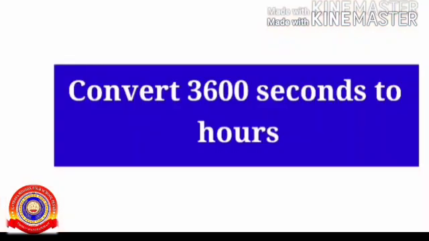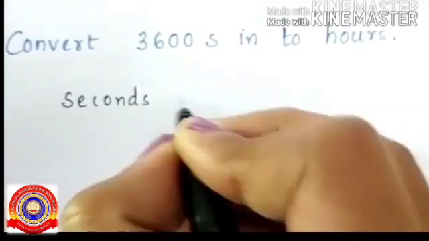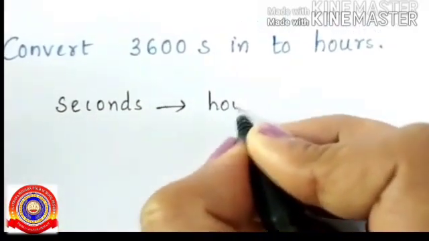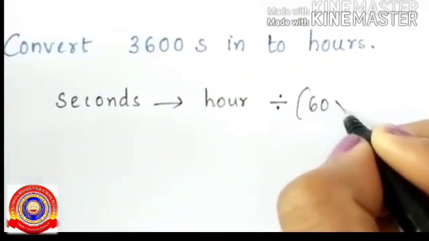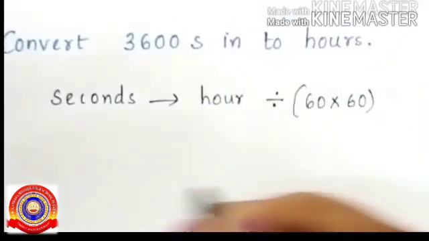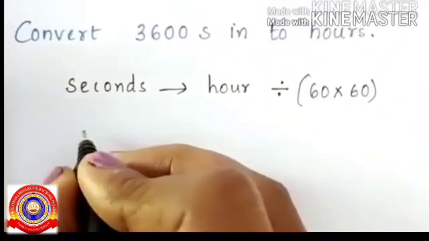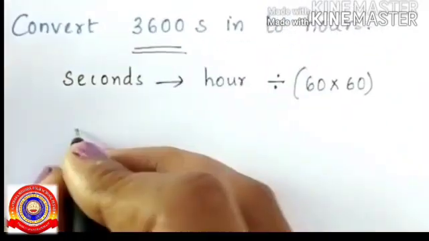Example. Convert 3600 seconds to hour. To convert seconds to hour, divide with 60 twice. That is divided by 60 into 60. So the value we have is 3600.